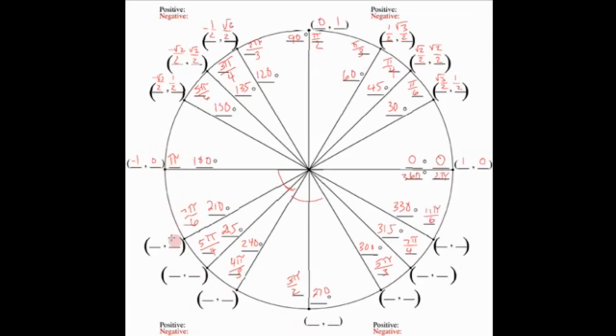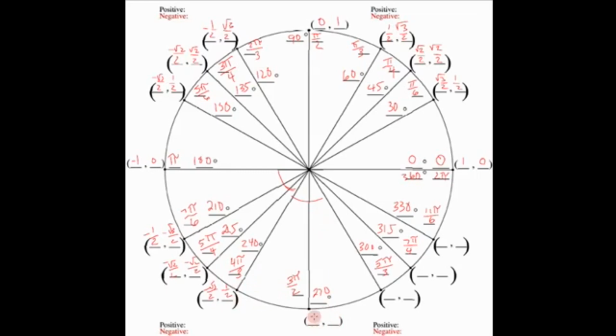Continue on. They're both negative. Minus 1/2, minus root 3 over 2. They're both negative. Minus root 2 over 2. Minus root 2 over 2. Minus root 3 over 2. Minus 1/2. Okay.